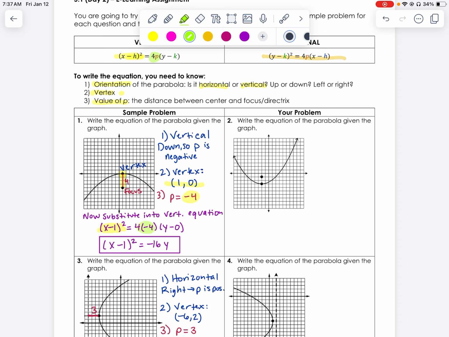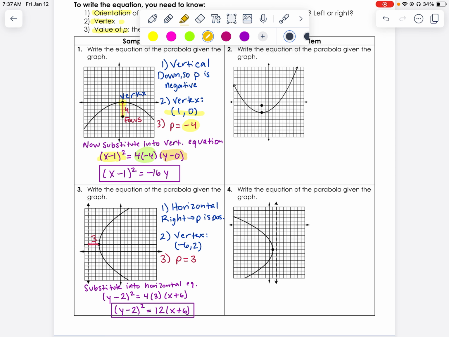So that's 4 times negative 4. And then times y minus k. K is 0, so y minus 0. Then I'm just going to simplify. X minus 1 squared. 4 times negative 4 is negative 16, and y minus 0 is y. So we get this equation here.